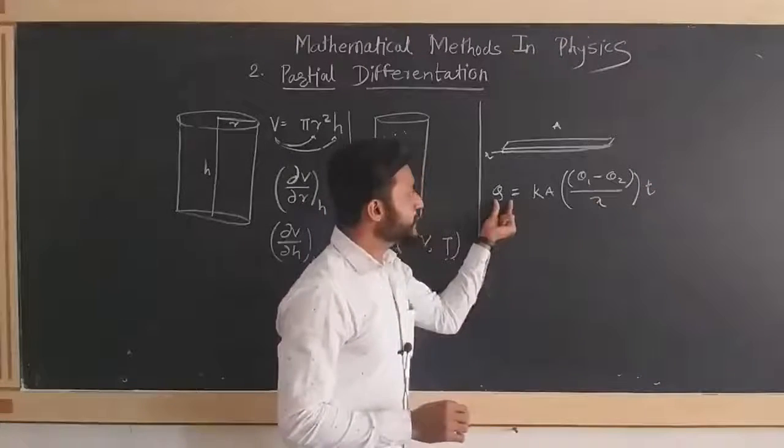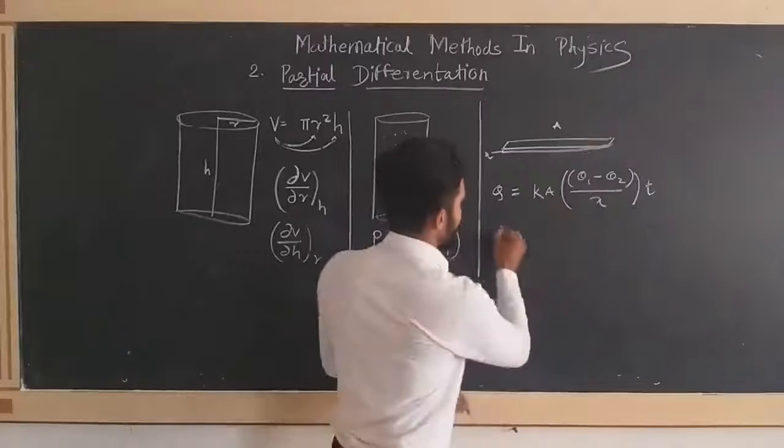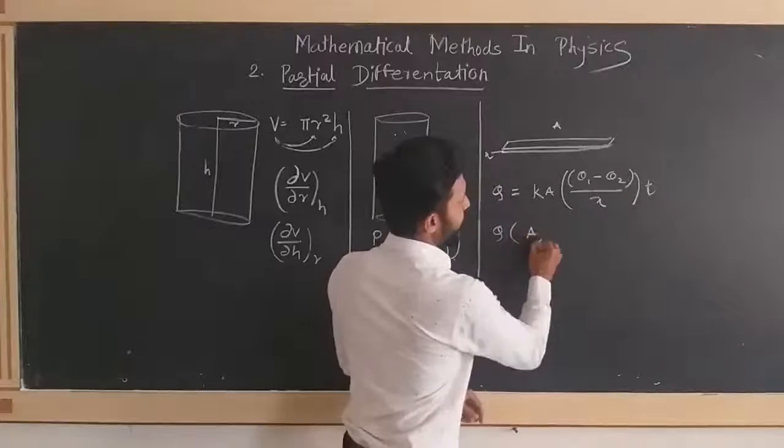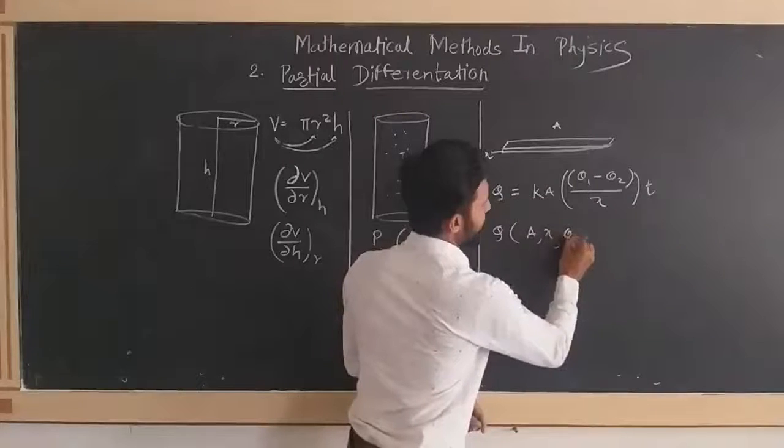So here Q is a function of A, x, theta and time.